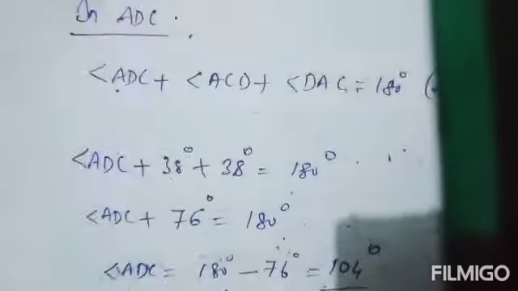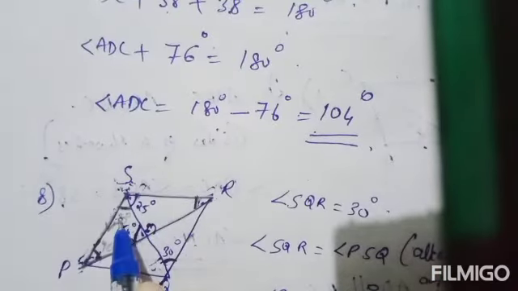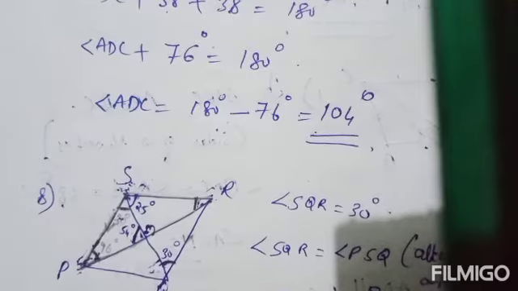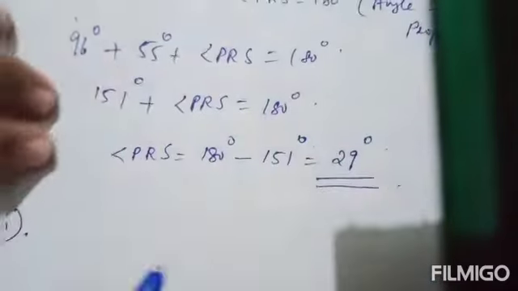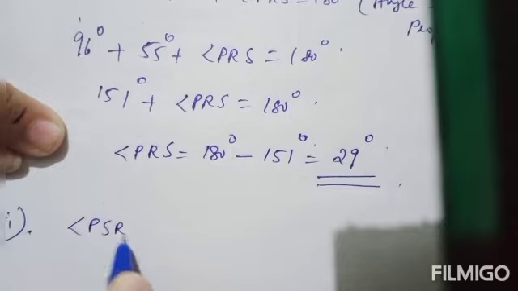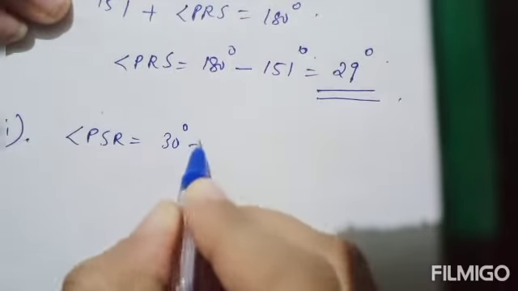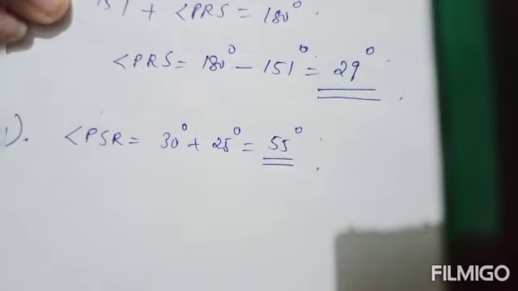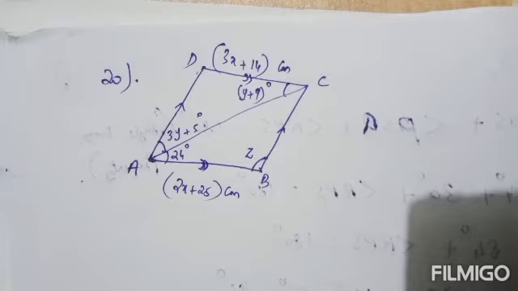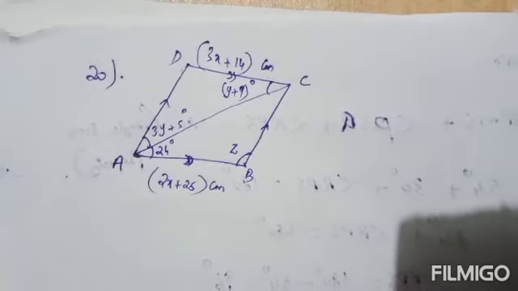From the diagram you can see angle PSR equals 30 degrees plus 25 degrees, which is 55 degrees. We already found it in the second question. The 11th question is homework for you.